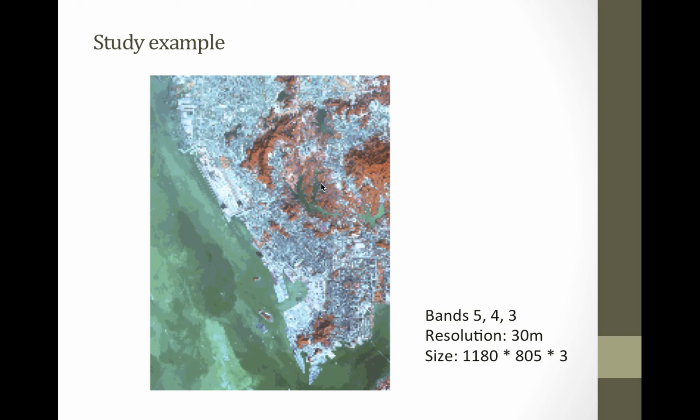The total size of this picture is 1108 multiplied by 805 multiplied by 3. So it's a very large graph network if we build a graph based on this image.